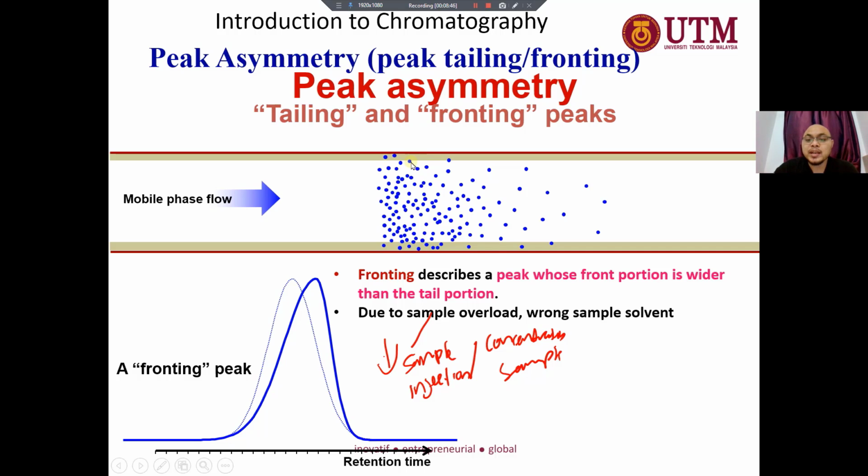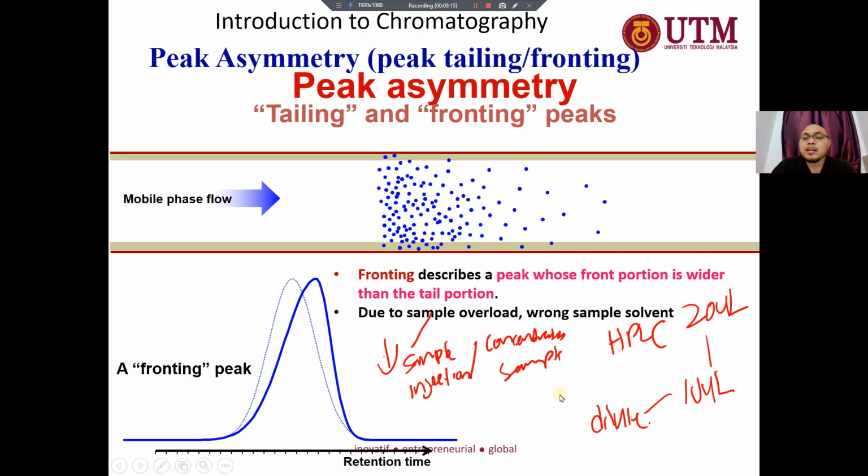In HPLC, we normally use about 20 microliters. So first, I will try to reduce to 10 microliters. After that, if the peak fronting still happens, then I will dilute my sample, because reducing the sample injection volume is the easiest one.